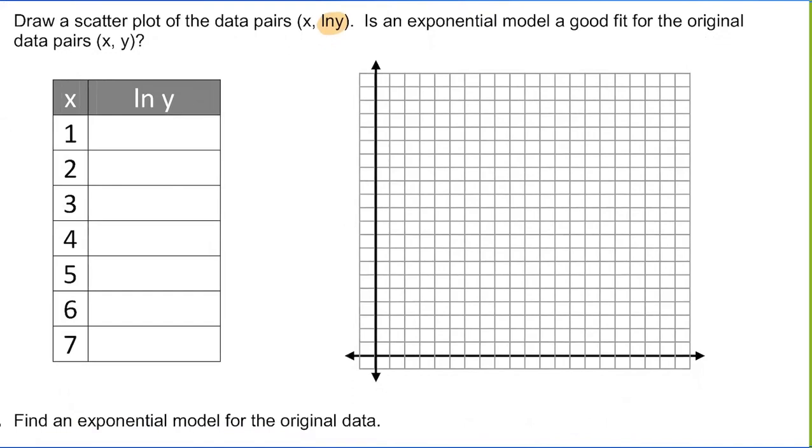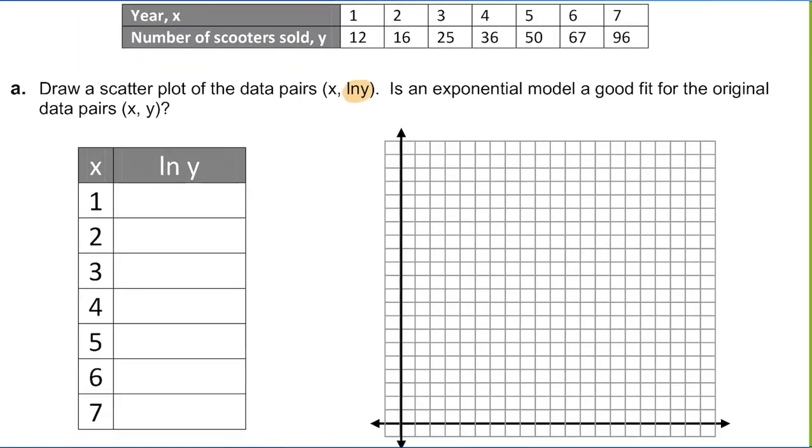So to do this, in our table, if you look at 1, that's with 12. So you're going to do natural log of 12, which if you plug that into your calculator, you should get 2.48. For 2, we're at 16, so you do the natural log of 16, which is 2.77.